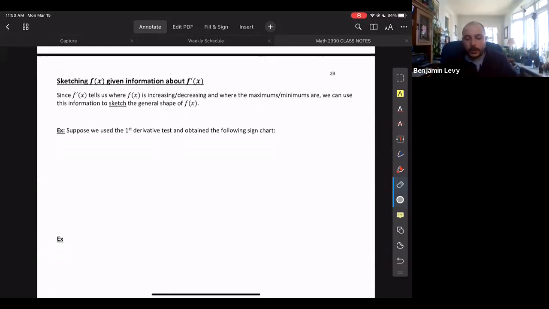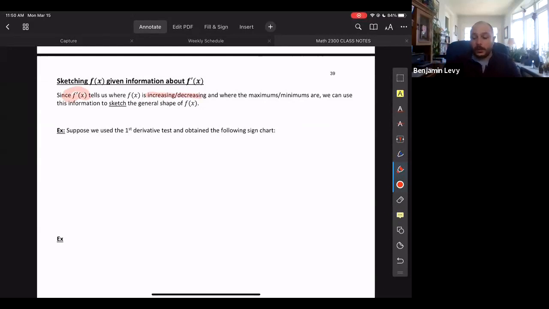This page is all about sketching specifically the original function using information about the derivative. And the idea is exactly what it says right there, which is just reiterating the same thing I've said at least 3 times already today, right? Which is that the derivative tells us increasing or decreasing.